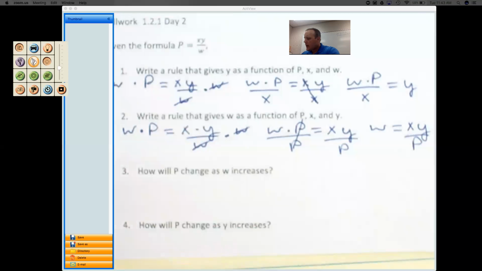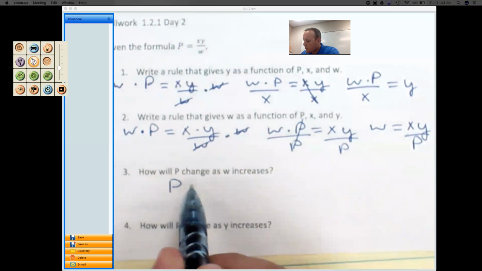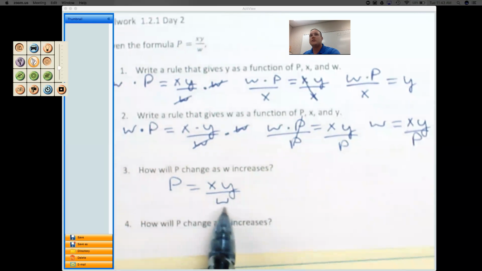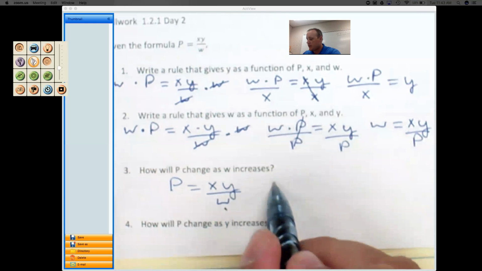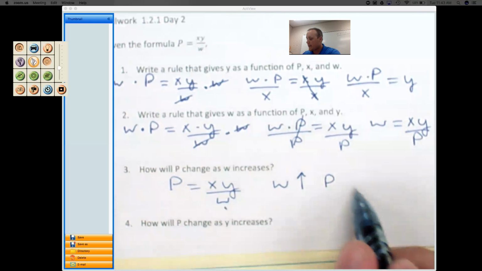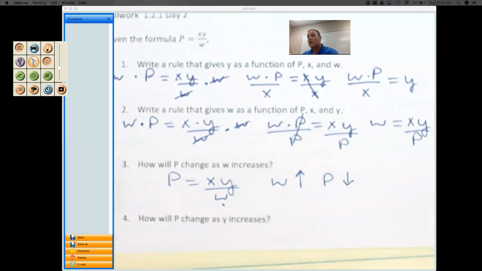All right, now, how will p change as w increases? So if w increases, what happens to p? Decrease. Why? It's getting cut into smaller pieces.